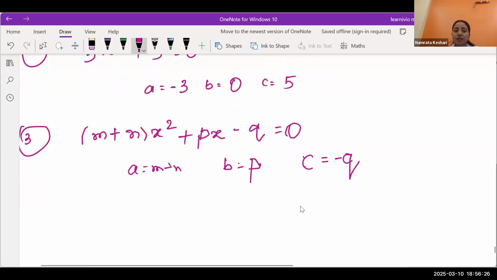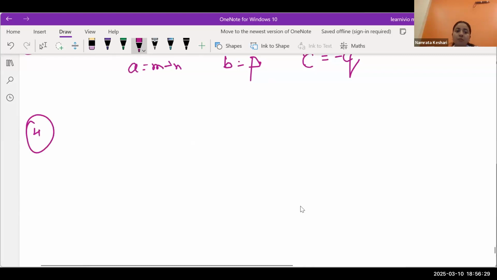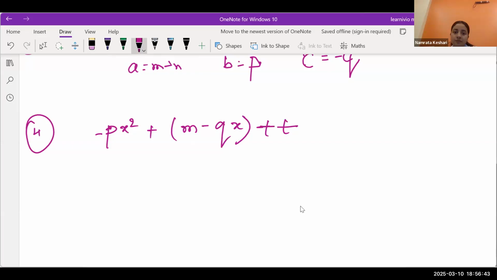If I am writing, suppose, minus p x square, this is an addition sign, and that is t is equal to 0, can you tell me what is A, what is B, what is C? A is minus P, B is Q, plus Q or minus Q?